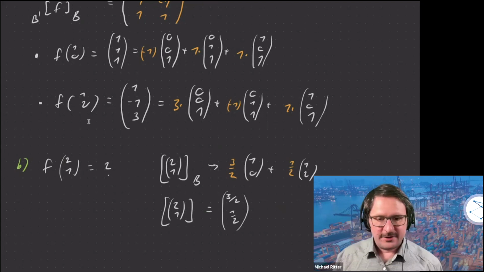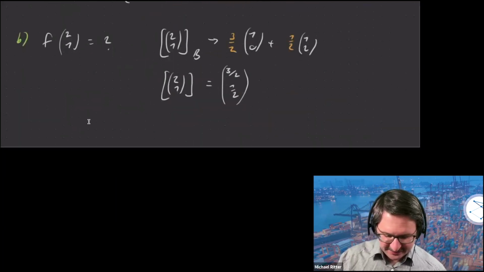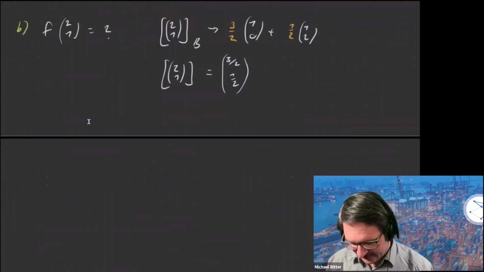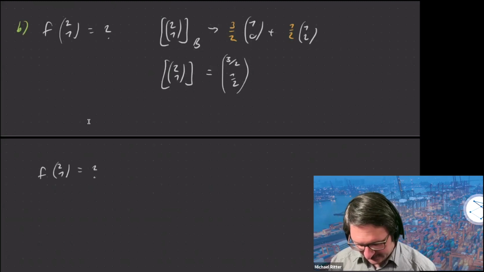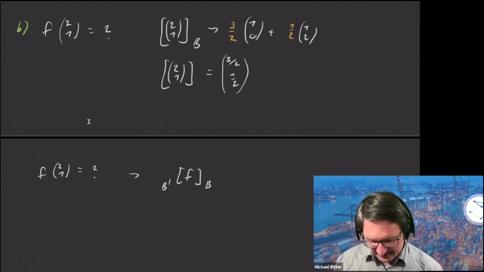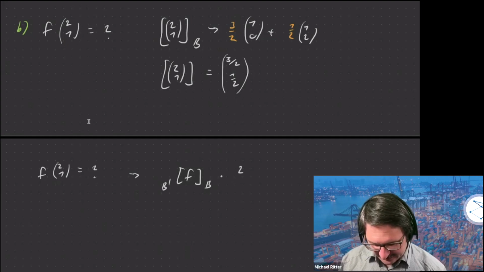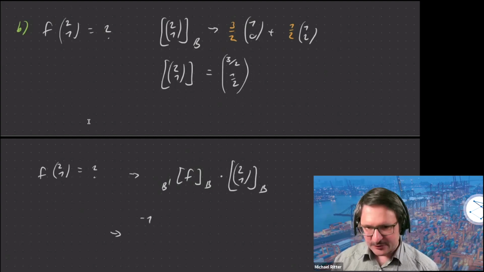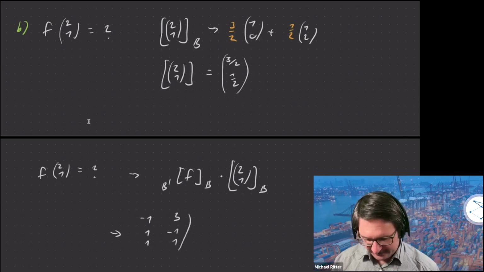And then we have to multiply that with our matrix representation. So F of (2, 1): to get that, we use this matrix representation here and multiply it with the coordinate vector that we just computed. In other words, the matrix was -1, 1, 1, 3, -1, 1.